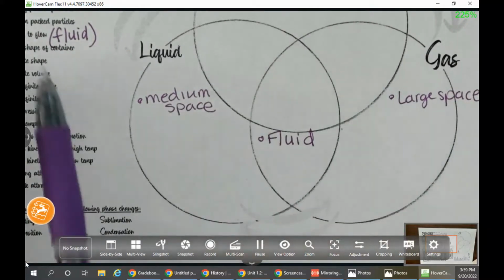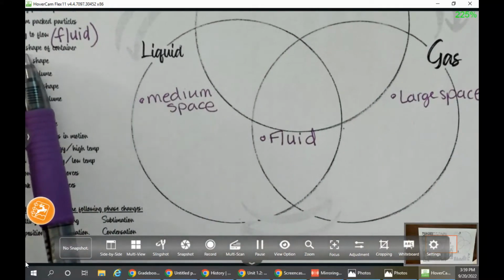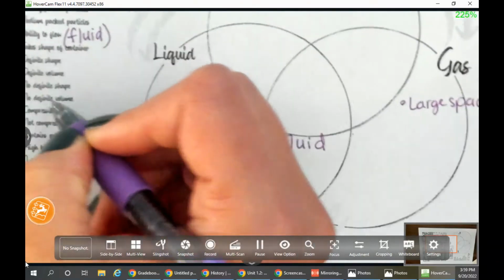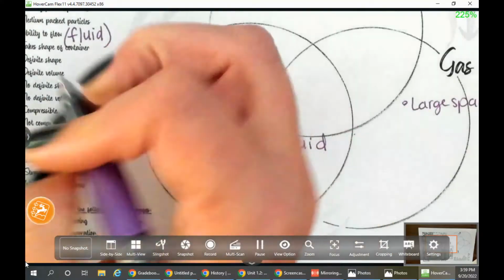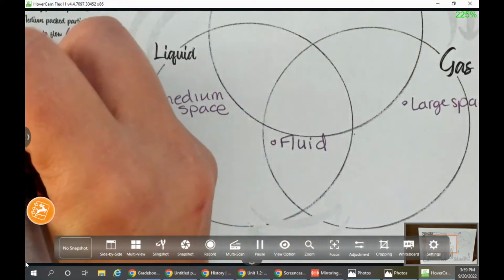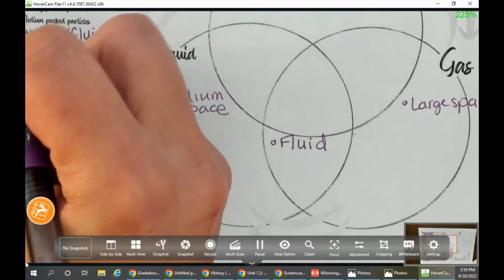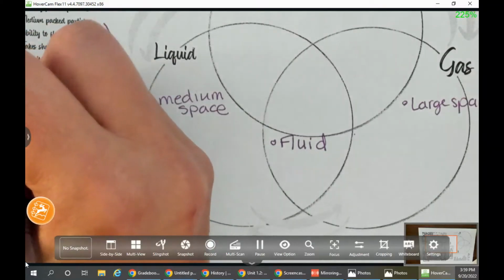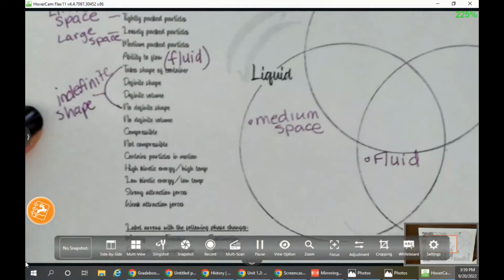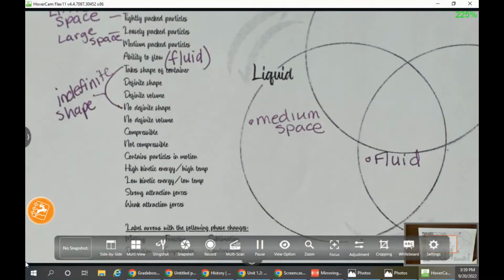Okay? All right, your next one says take shape of container. But if you look down, there's also no definite shape. So I'm going to link those up because I feel like they're pretty much the same thing. And I'm going to say indefinite shape. Okay, so indefinite shape. Who has an indefinite shape?